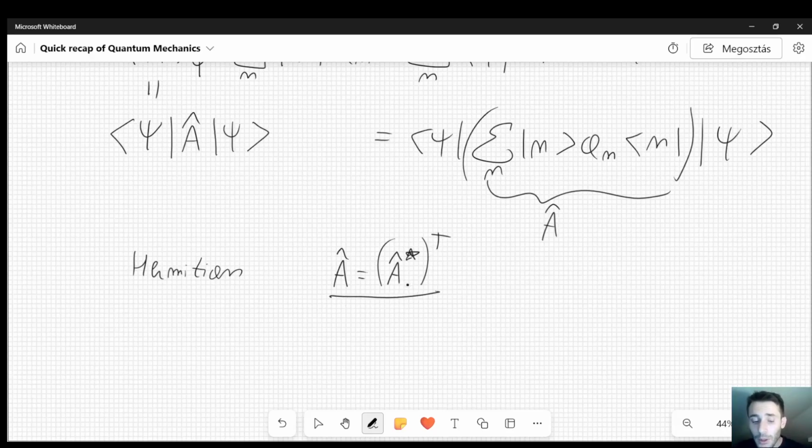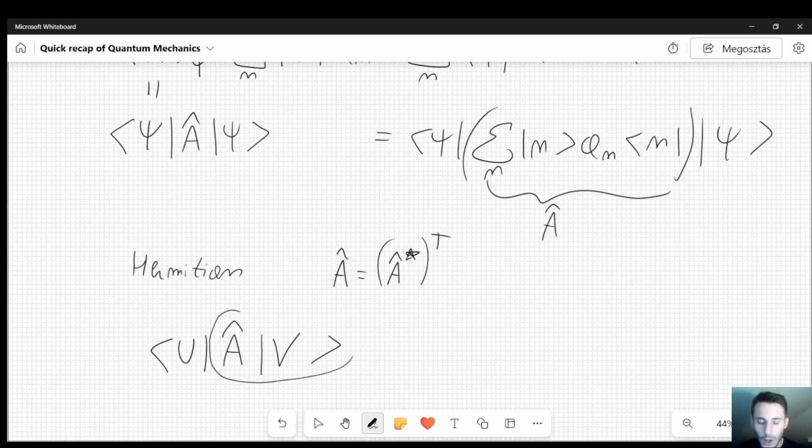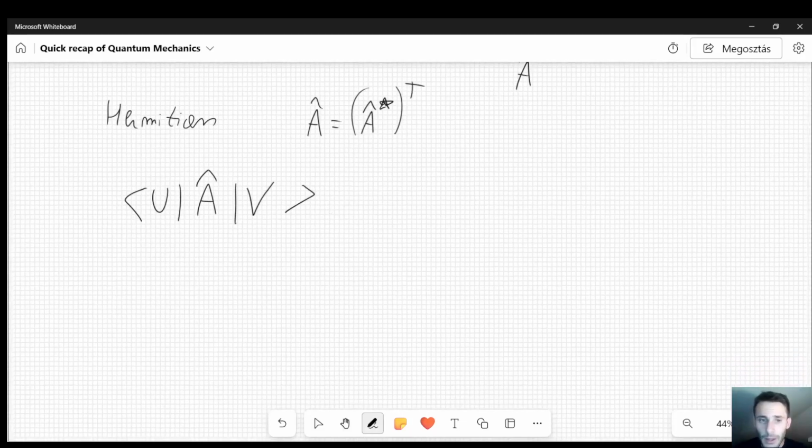And this is an important property because, for example, if you take an inner product between a bra that we call U, then we have the operator A, which we assume to be Hermitian, and then we act with A on a certain ket vector that we call V. Then, since this is a number, because it is a certain inner product, just like the one that you see in linear algebra, for example, U transpose, and then you have a matrix applied to a vector.